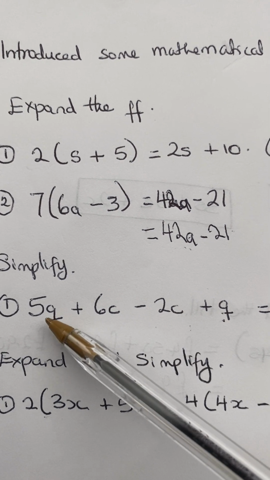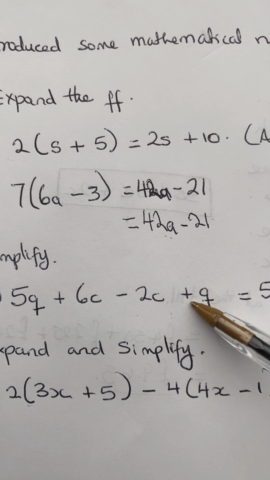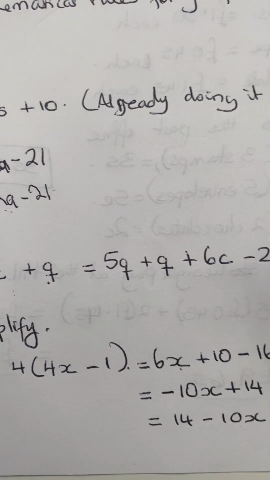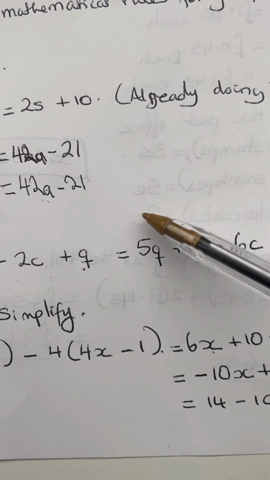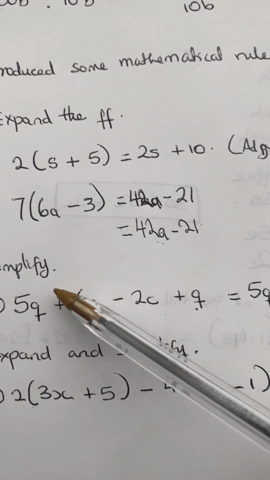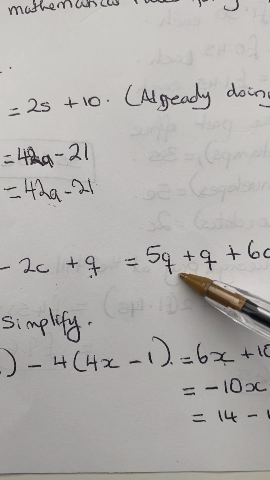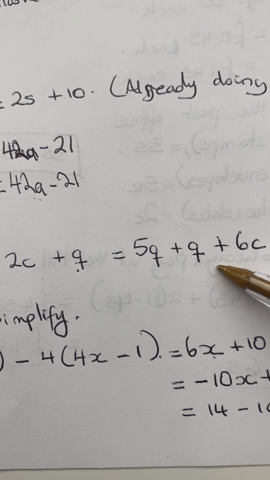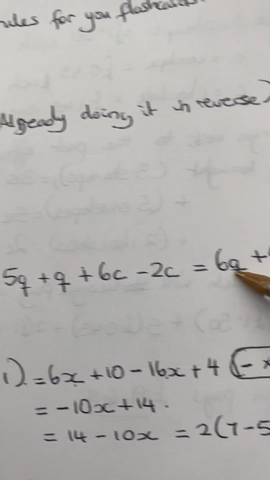So 5Q plus Q is 6Q. What I did here is I put the like terms together. So 5Q plus Q gives me 6Q.